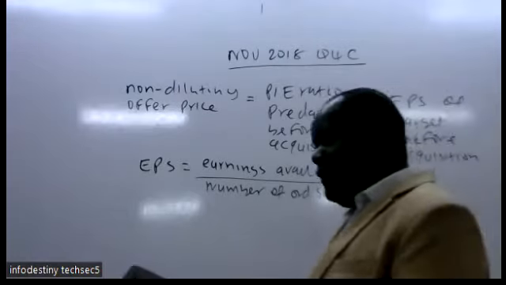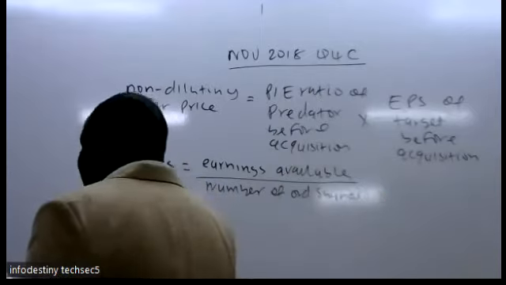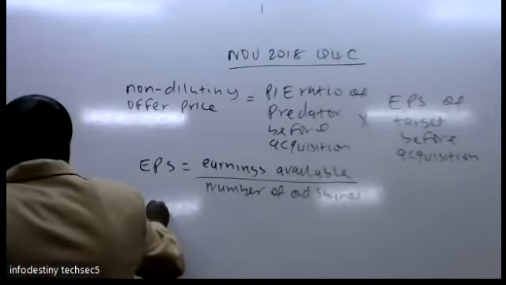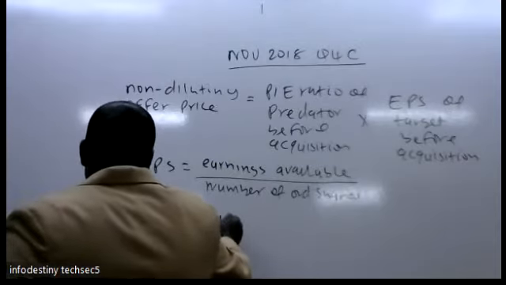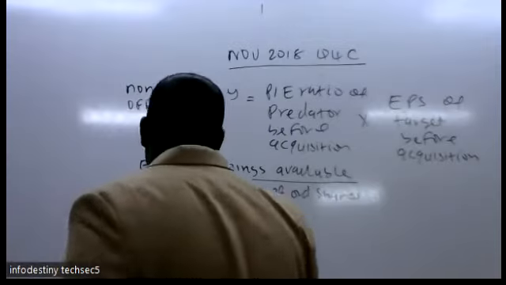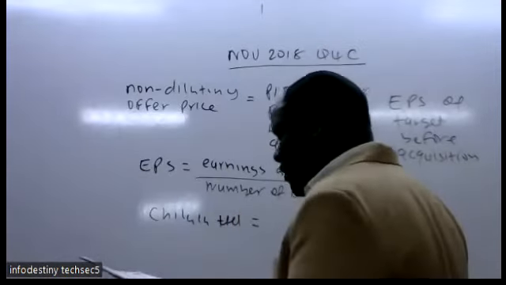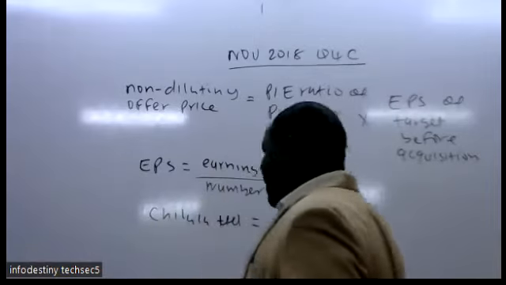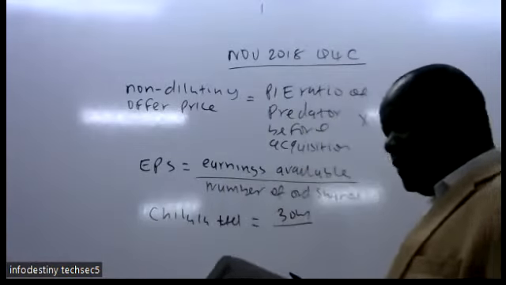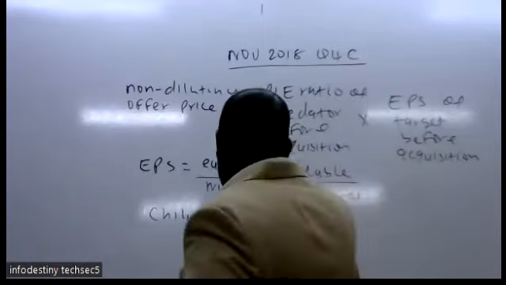So you start with the one for Chilulu Limited. Chilulu Limited earnings is the same as the net income, which is 30 millions, divided by the number of ordinary shares outstanding in millions, which is 6.